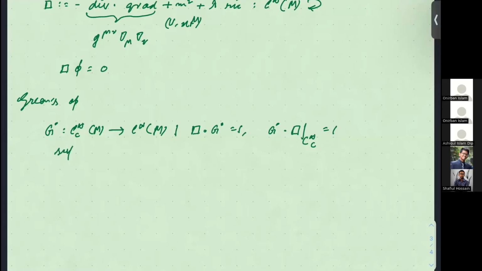Now we have at least two Green's operators, retarded and advanced, and the support of the retarded or advanced operator applied to some function u is just J plus or J minus of the support of u. In my convention, retarded goes with plus and advanced with minus.